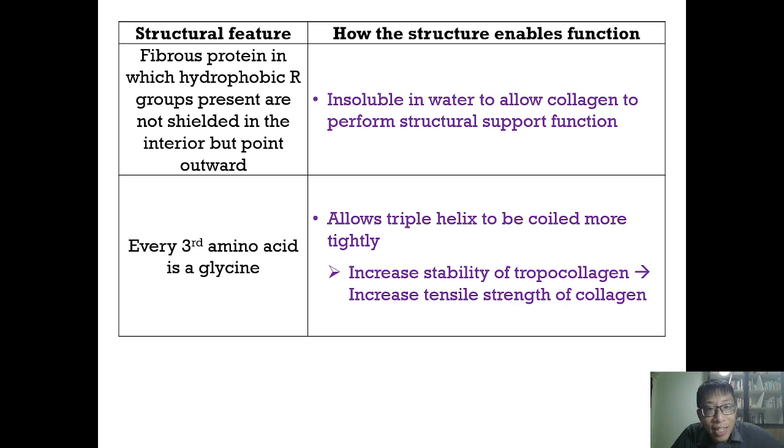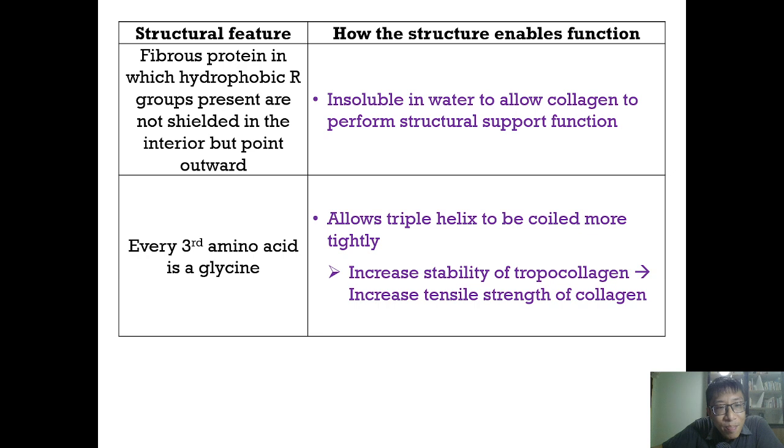Okay, so next we will look at how the structure of collagen allows it to perform its structural function. Okay, so it is a fibrous protein, not extensively folded. The R groups, if hydrophobic, are not shielded in the interior of the protein, right? It's not globular, so there's no interior. It's a fibrous protein.